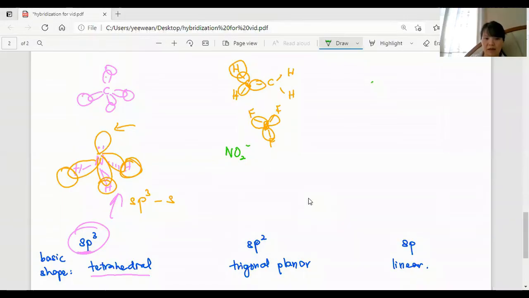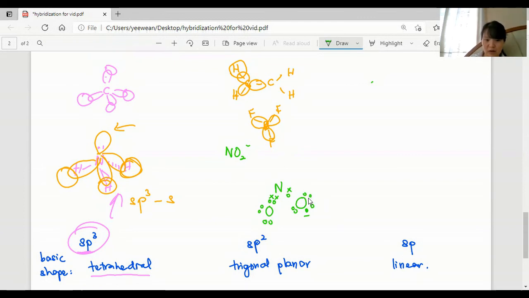Okay, how do we draw NO2 minus? N has 5 outermost electrons, O usually has a double bond, and if it has a charge, usually a single bond. O has 6 electrons: 1, 2, 3, 4, 5, 6, plus 1 extra for that negative.